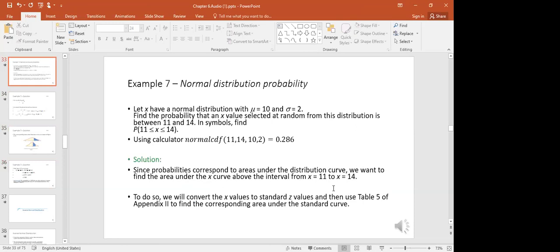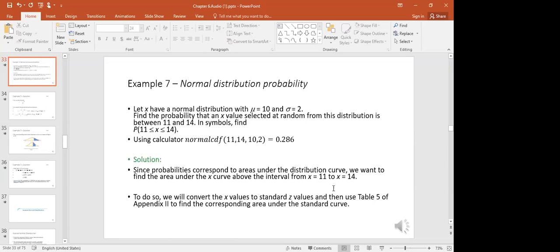Normal CDF. Lower value is what? Would it be 10? No, you are looking for the probability that x is greater than 11 and less than 14. Right? Yes.